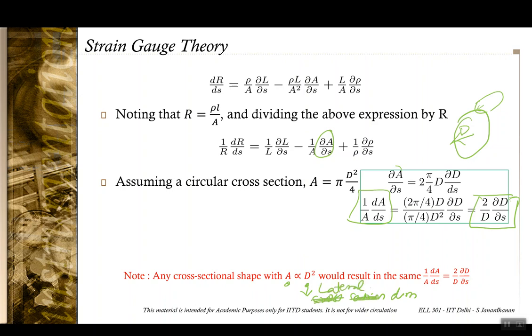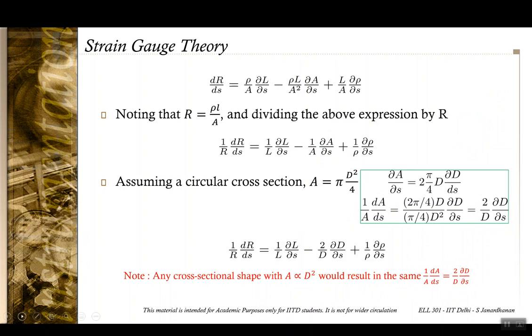So if you say the lateral dimension, the radius or the diameter of the wire, is D, then since A is proportional to D squared, you would have 1/A ∂I/∂S is 2/D ∂D/∂S.